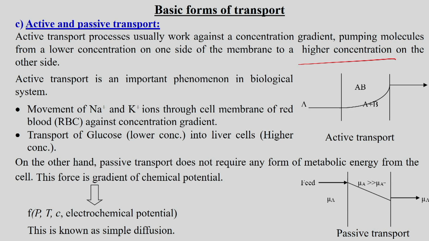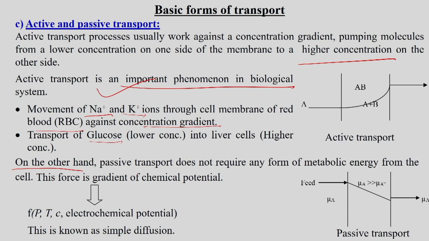That is why active transport is an important phenomenon in biological systems. Movement of sodium and potassium ions through the cell membrane of red blood corpuscles against the concentration gradient is an example of active transport. Transport of glucose into liver cells at a higher concentration is another.